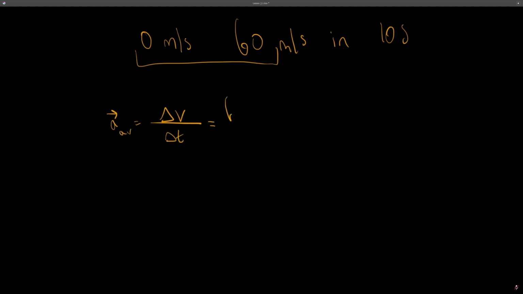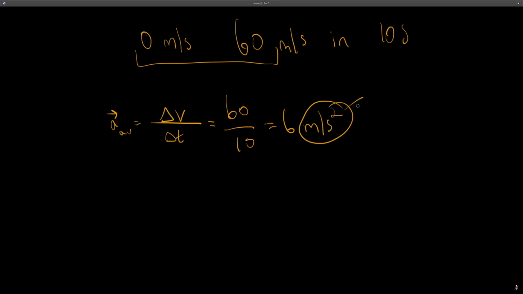By doing this, we get 60 over 10, which is equal to 6 meters per second. And now, if we're referring to acceleration, we need to add the square, because acceleration's SI unit is meters per second squared, not meters per second.